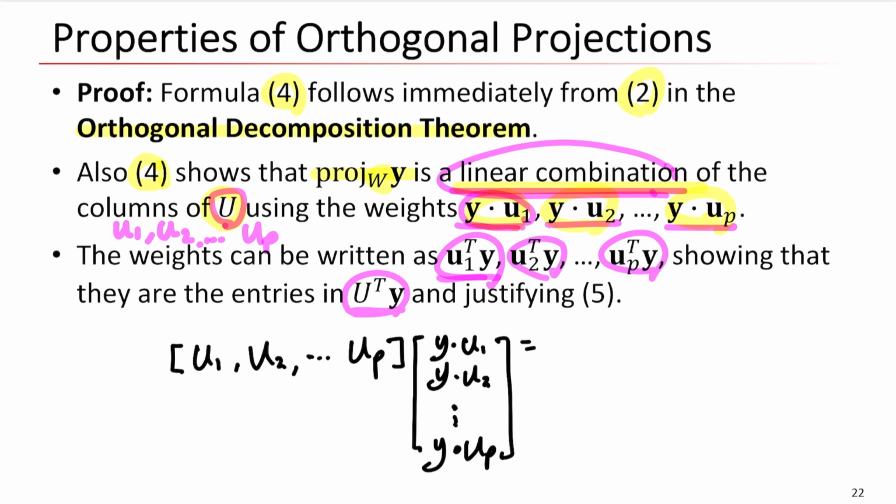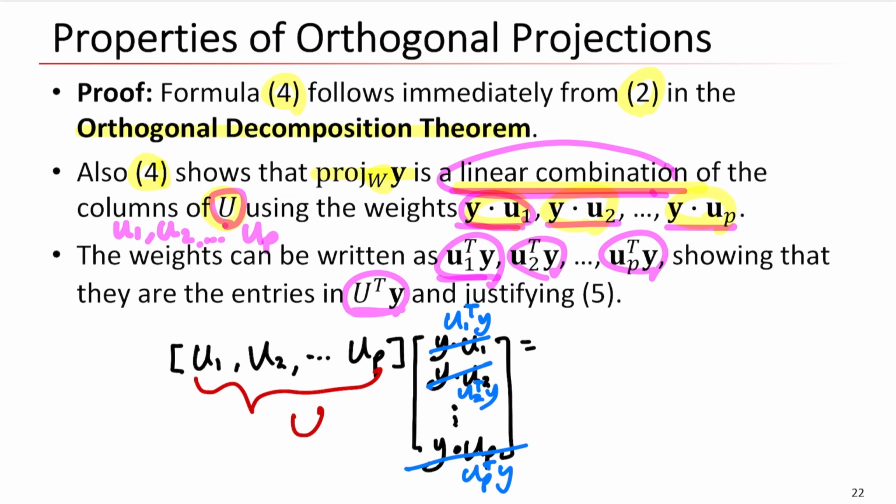So actually this is U1 transpose Y, U2 transpose Y, and UP transpose Y, and this is just the matrix U here.